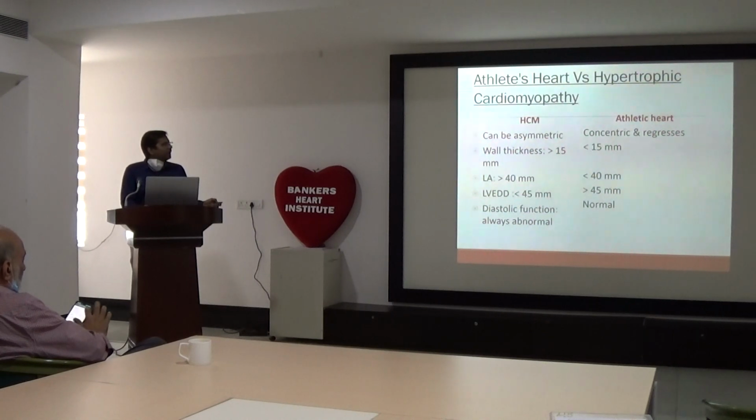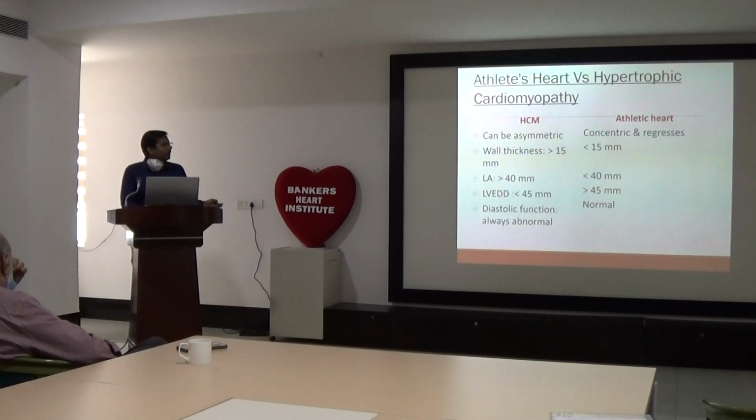There is a comparison of the athletic heart versus hypertrophic cardiomyopathy. Athletes can also show concentric LVH. HCM could be asymmetric, but the athletic heart could be concentric. Wall thickness in HCM is always more than 15 mm. In the athletic heart it is less than 15 mm.